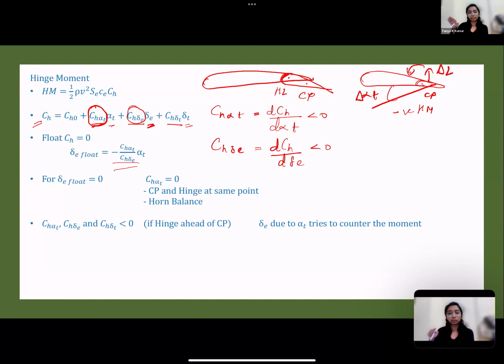If you were to deflect your elevator down, is delta E down positive or negative? Exactly, positive. And elevator deflection up is negative. Remember this convention. So if I deflect my elevator down, it is positive deflection. Again, there is an increase in lift because your camber is increasing. So there's an increase in lift if I deflect my elevator down.